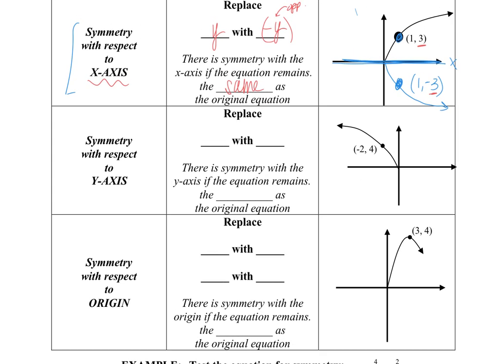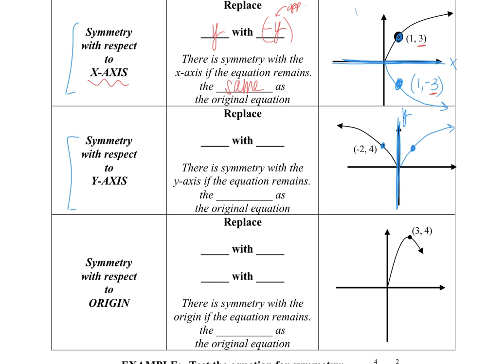Same idea here with symmetry to the y-axis. So if I go over and look at my picture, here's the y-axis. And if I say that is my mirror or reflection line, my picture is going to look like this. And I'm going to take this point right here, and it's going to be reflected over there. Well, what's that new point?